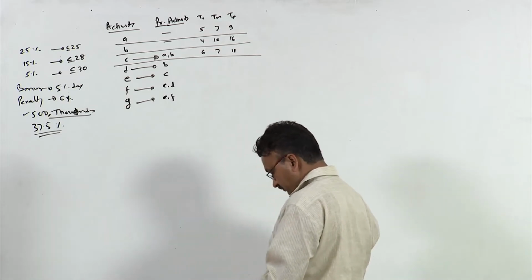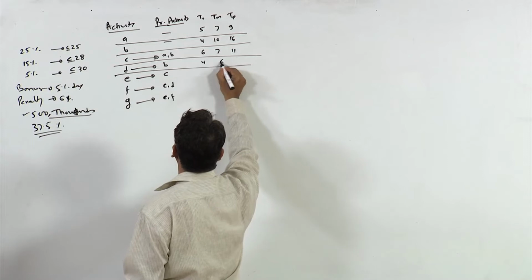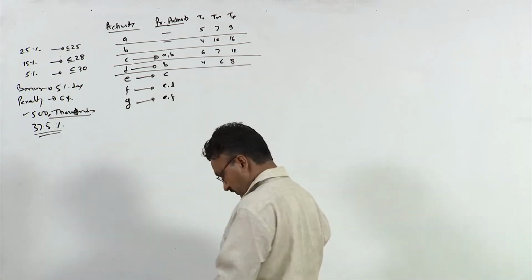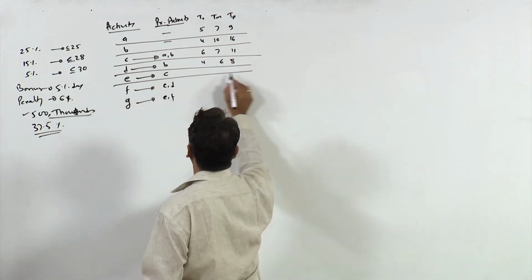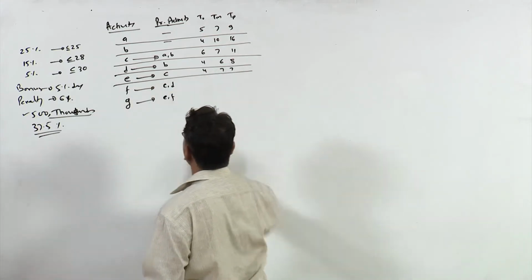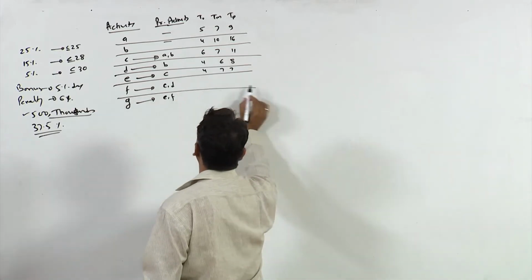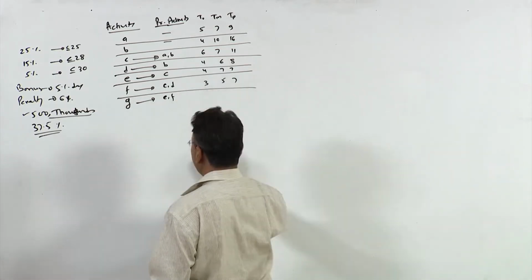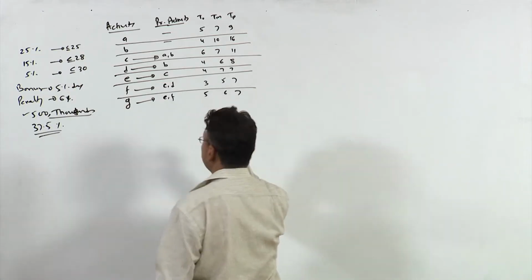For D you have 4, 6, 8. For E it is 4, 7, 7. For F 3, 5, 7, and finally for G 5, 6, 7.